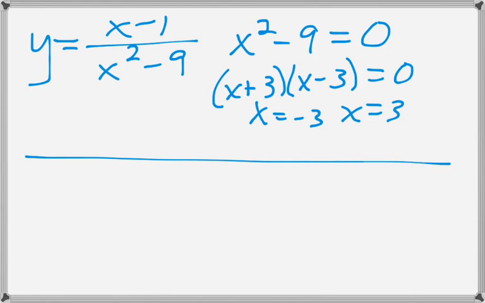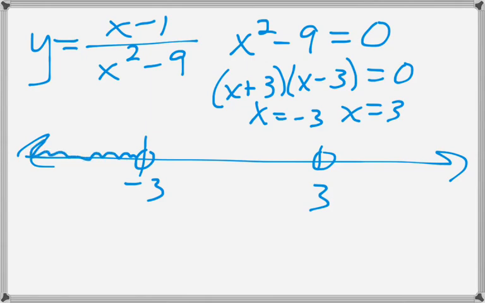So let's draw our number line again. So again, we're shading almost the entire number line. We're just skipping those two numbers. So we're going to have numbers to the left of -3, every number between -3 and 3, and everything to the right of 3. So this time it's going to be a union of 3 intervals.